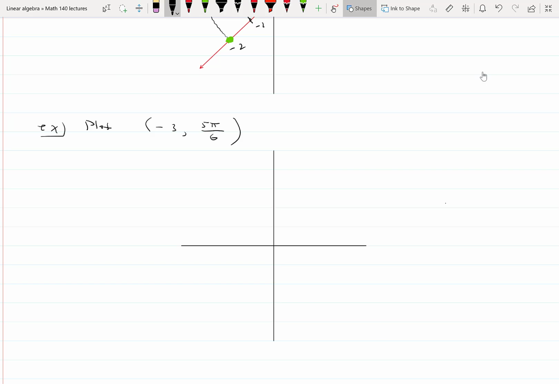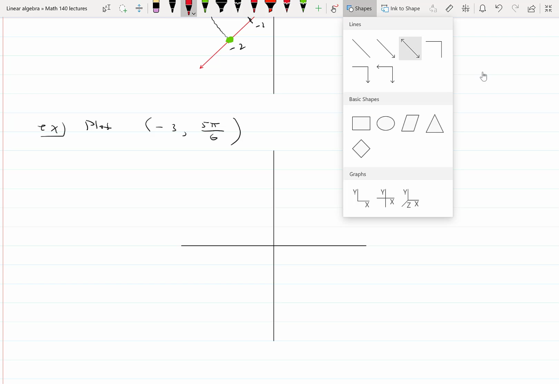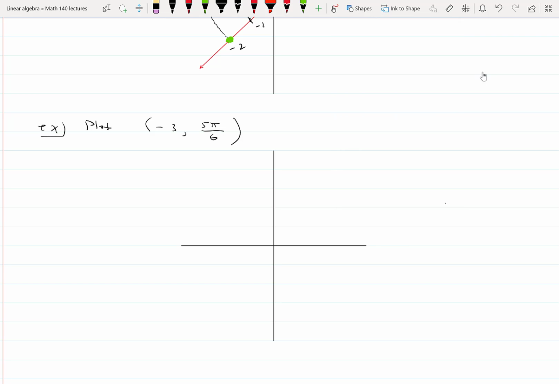So let's imagine then rotating the x-axis through an angle of 5 pi over 6. So 5 pi over 6 is in quadrant 2 in standard position. Okay, so there's our angle 5 pi over 6. So here's the original positive x-axis.